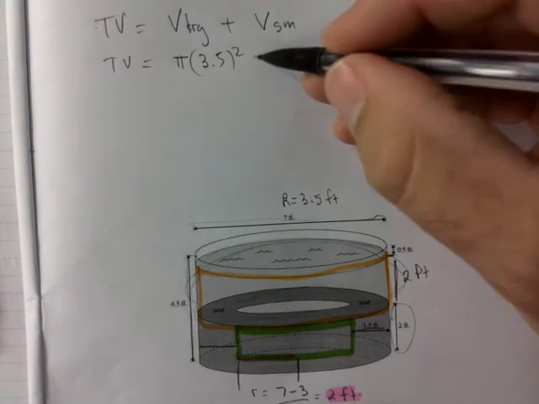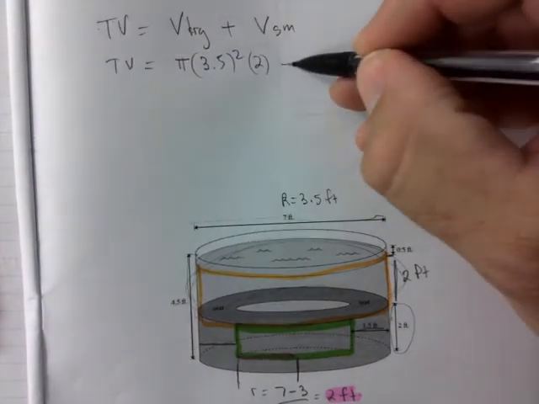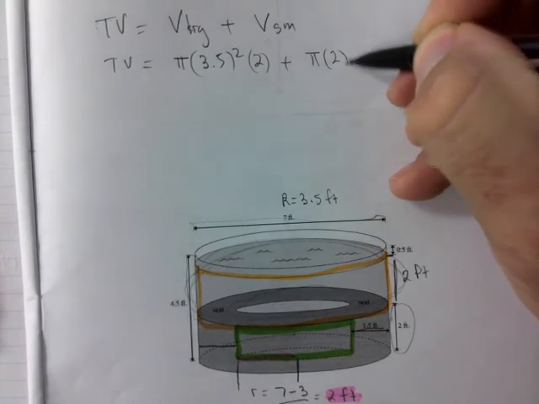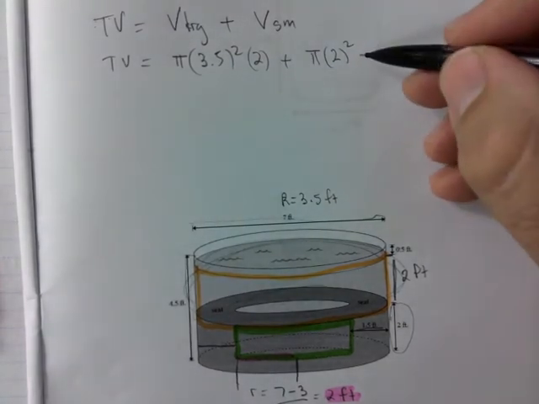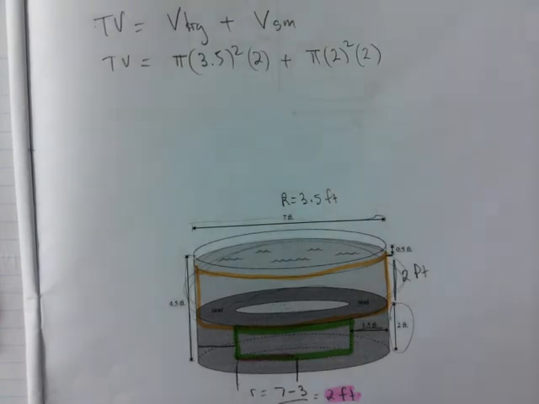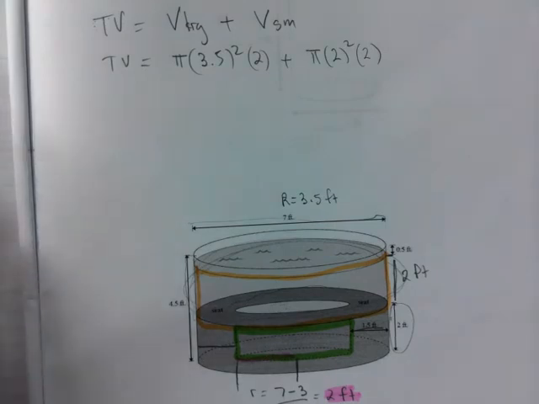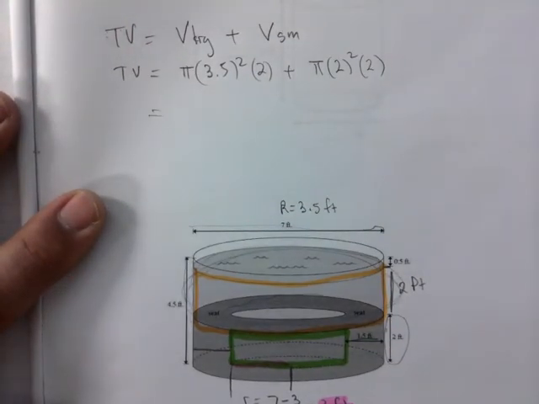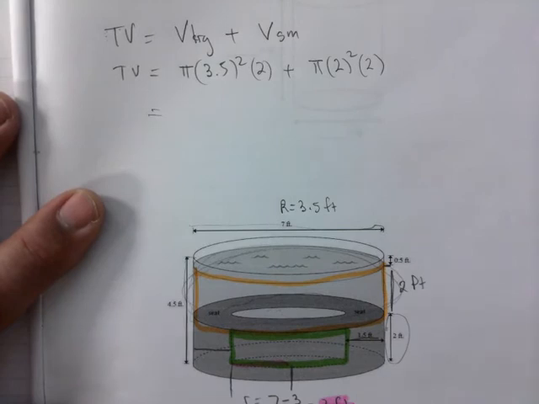So it's pi times 3.5 squared times 2, plus pi times the small radius squared times the height of that one, which is also 2. And then it's just computing time, which should be just fine. Don't forget to square. A bunch of you forgot to square.